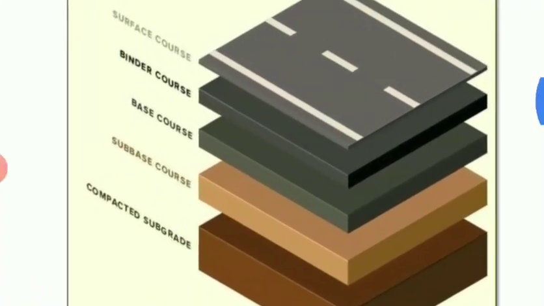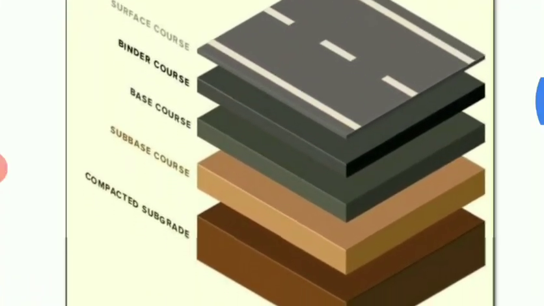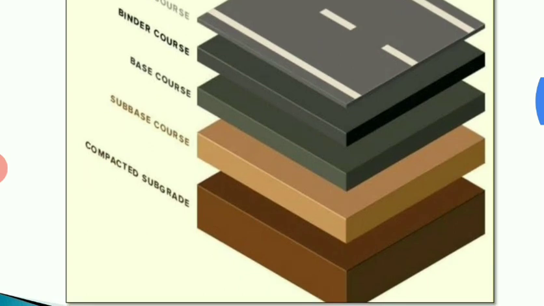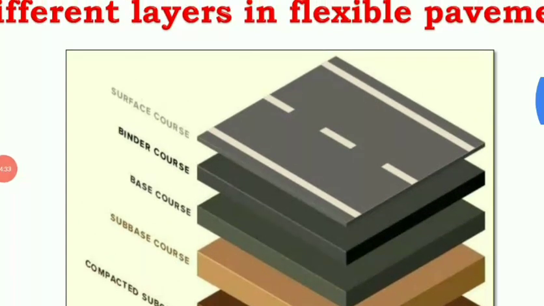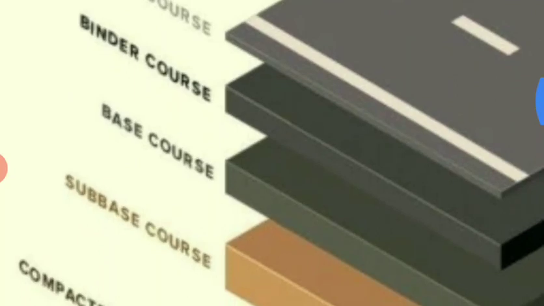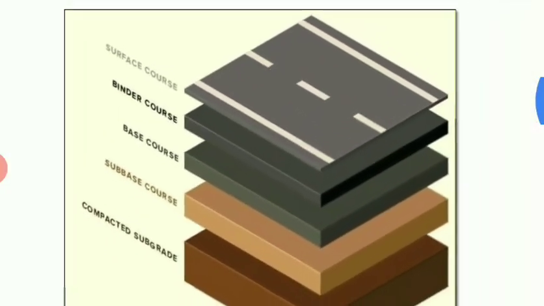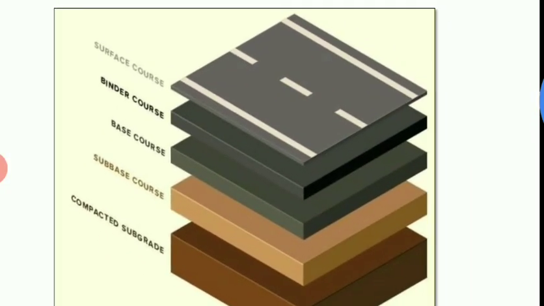You can see the different layers here: initially it starts with the natural subgrade, and then we prepare a compacted subgrade of different thickness, depending upon the pavement design concept and even the CBR value. And then on top of that the sub base course is there, followed by the base course, binder course, and then the surface course.